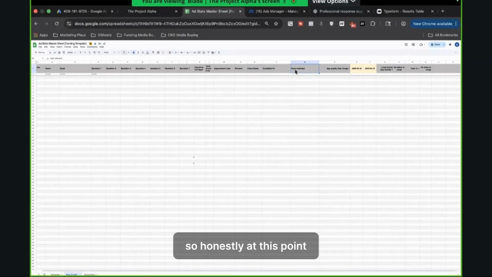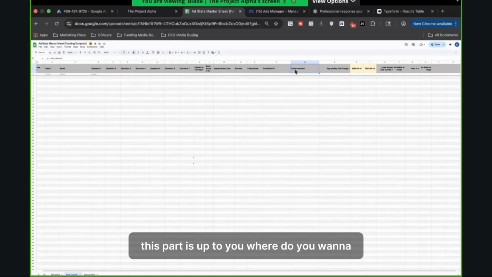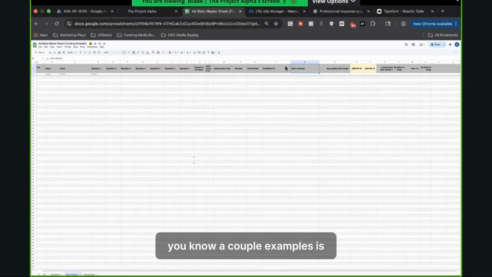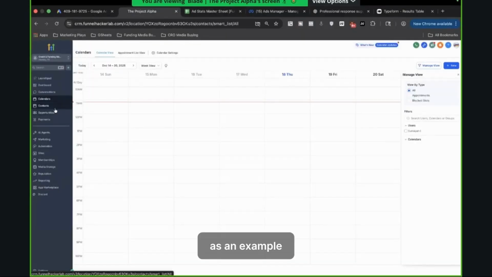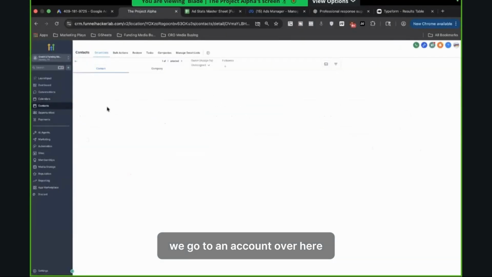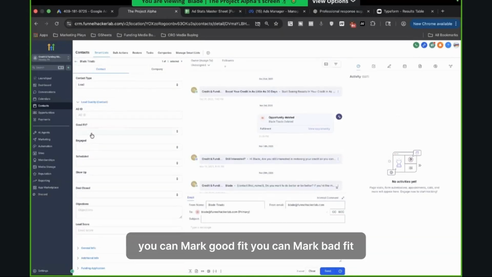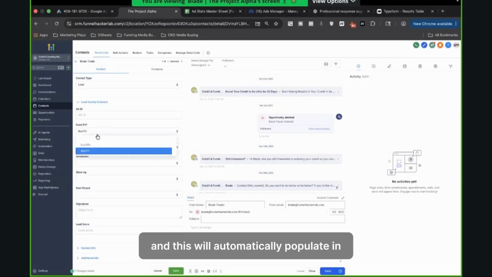So honestly, at this point, this part is up to you. What would be easier for you to fill this out, especially now and in the future? A couple of examples: we go to an account over here. This is GoHighLevel. On the left-hand side over here, you can mark good fit, you can mark bad fit, and this will automatically populate in.